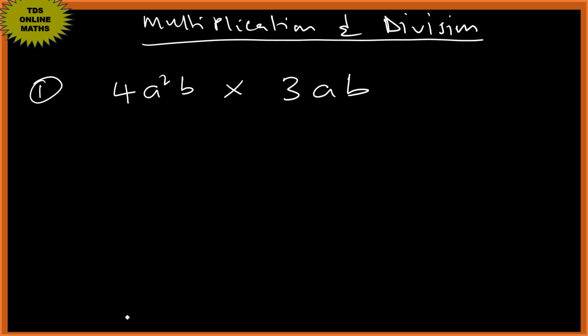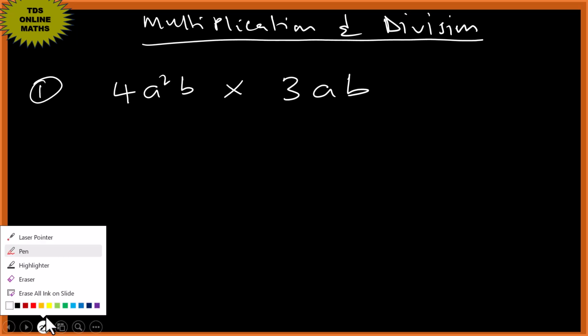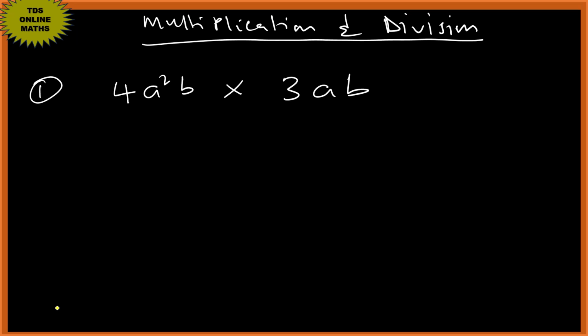If you're asked to multiply the two expressions here, now don't rush. Now we are multiplying, therefore make sure you multiply the numbers. So 4 times 3 is 12. Then you deal with the letters. So a squared times a, remember the power here is 1.